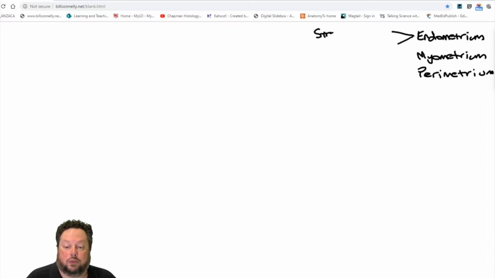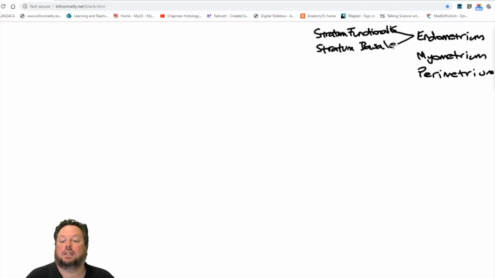It's divided into a stratum functionalis and a stratum basale. And then we can actually further subdivide the stratum functionalis into a stratum compactum and I've forgotten what the other one is, but we don't really talk about that in the unit that I teach here.